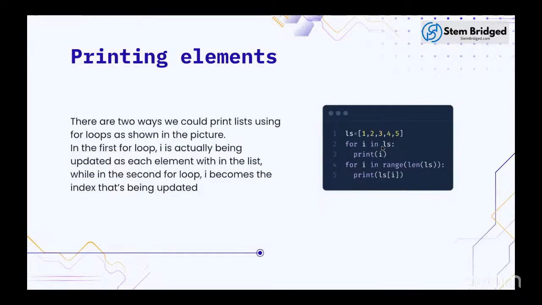Well, it's just really easy to type. And the second example is a bit more to type, but you can edit the list in this loop. In the first loop, you can't edit the list because i is actually a duplicate value. I'll tell you guys more about it when we go to Code.js.